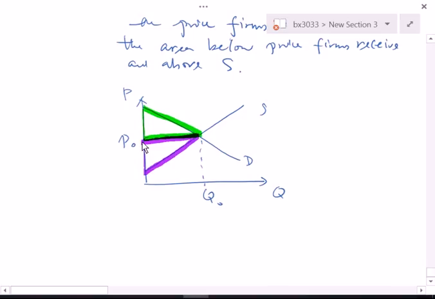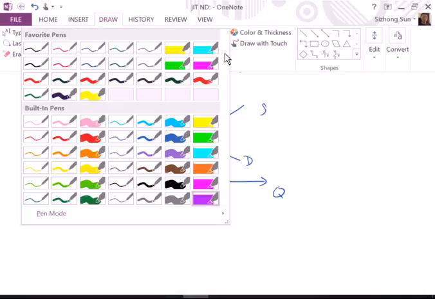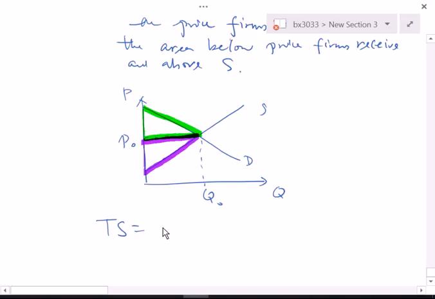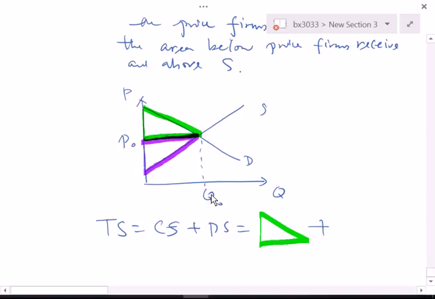Summing up, we call this total surplus. Total surplus is consumer surplus plus producer surplus, equal to this green triangle plus this purple triangle.